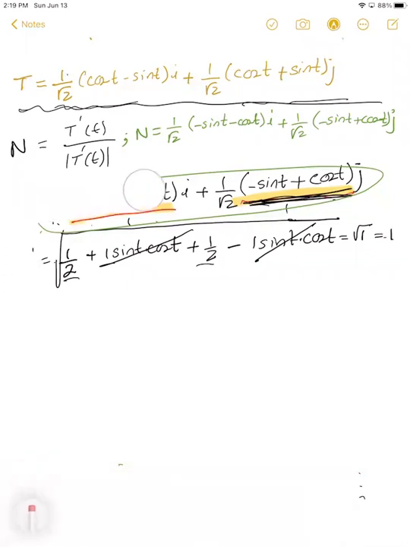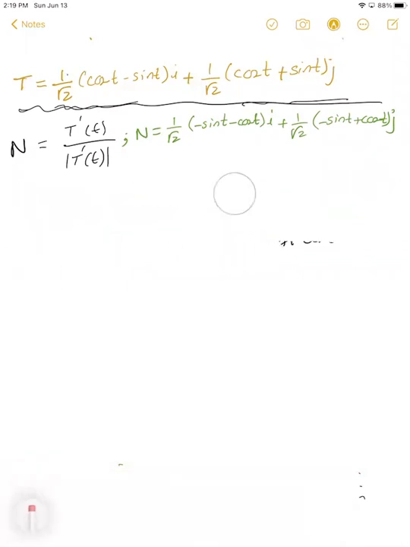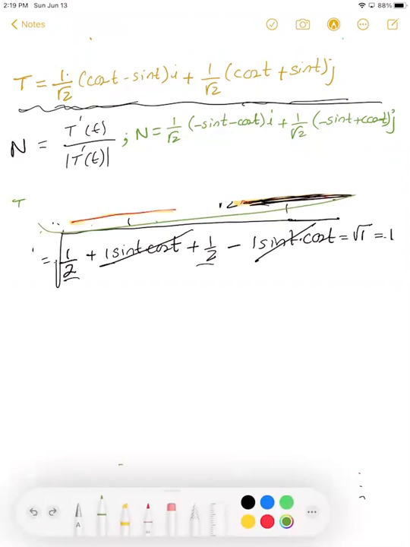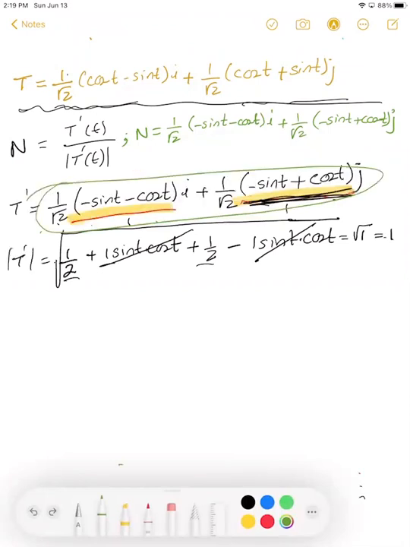Now that we have T prime and R prime, so we have T prime, its magnitude. Oops, I didn't mean to erase T prime. Okay, so let me just clean this up a little bit.